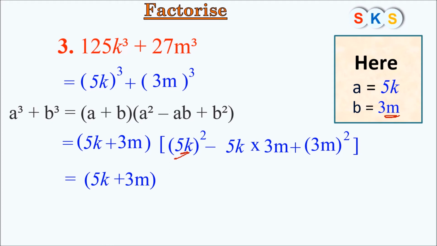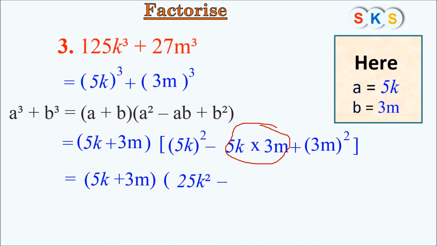It means 5k into 5k. 5 into 5 is 25 and k into k is k square. So we will get here 25k square. So we will write here 25k square minus 5k into 3m. You can see what is over here, 5k into 3m.